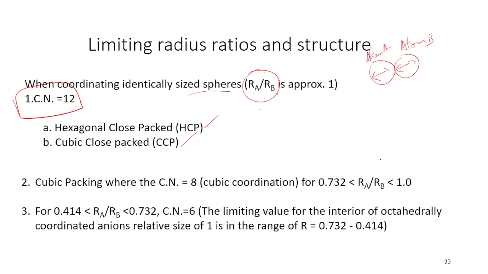In case the ratio of the radius of the atoms is between 0.732 and 1, then the cubic packing will be close to 8. The coordination number will be 8 and it will be of cubic structure.